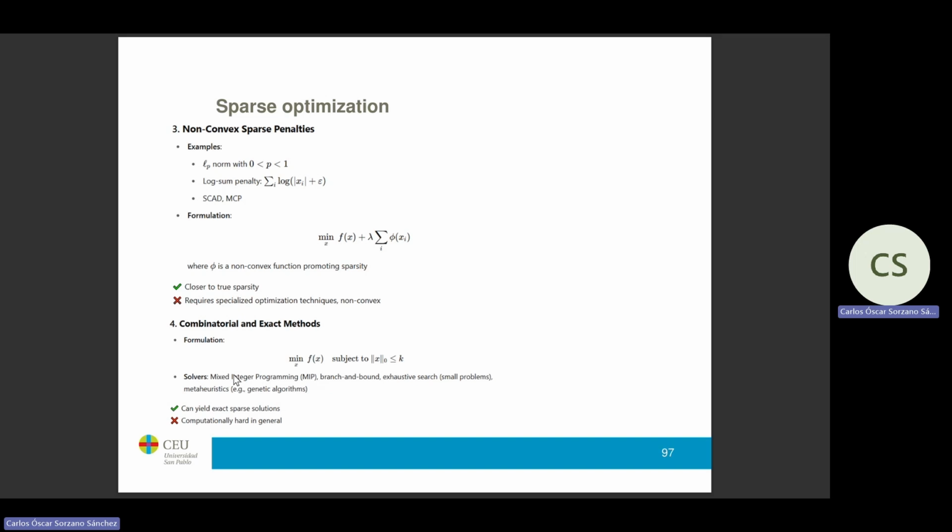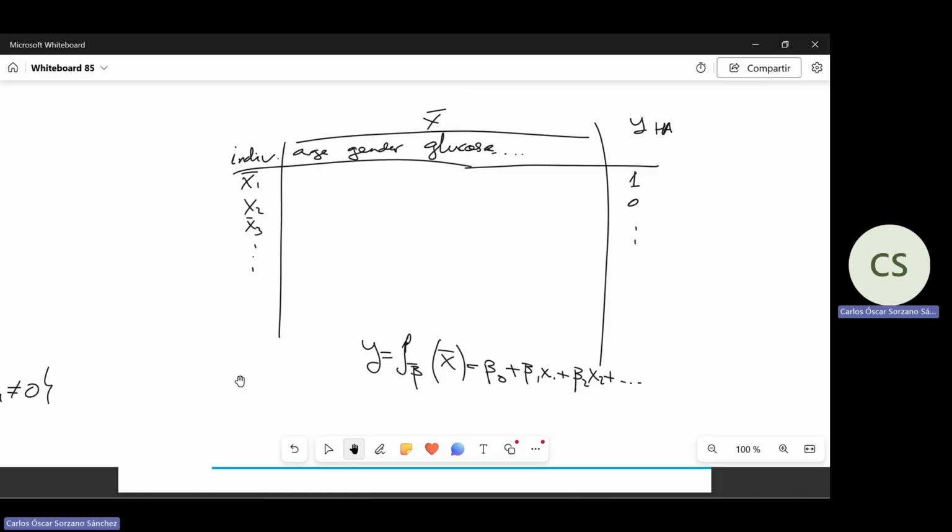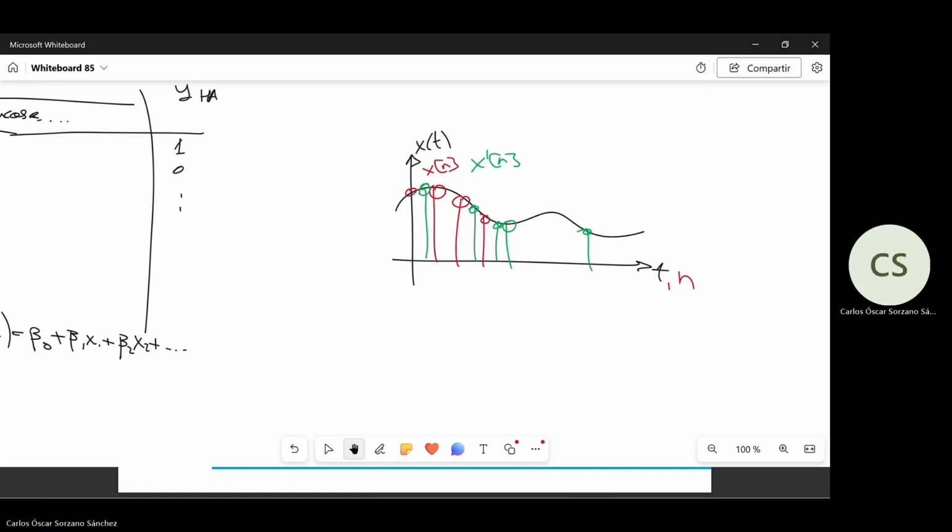Okay, so I will add a penalty term, but this penalty term will be non-convex, which is bad, but it will again try to promote the sparsity. In general, they will be based on these LP norms with P between 0 and 1. LP norms is a generalization of the L2, L1 norm. I think we will explain that at some point.